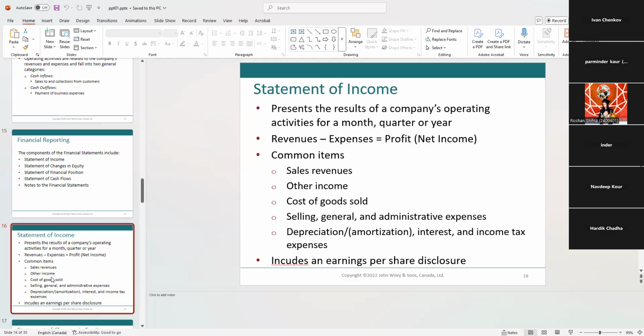How do we get the income? Very simple. Revenue minus expenses. That's how you calculate income. Revenue minus expenses is going to give you net income or profit, or net loss. Those are the two options that you have.